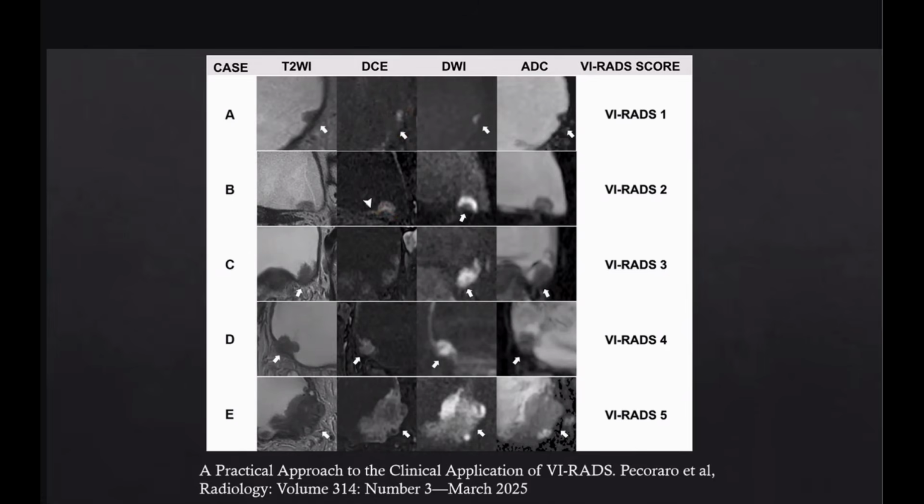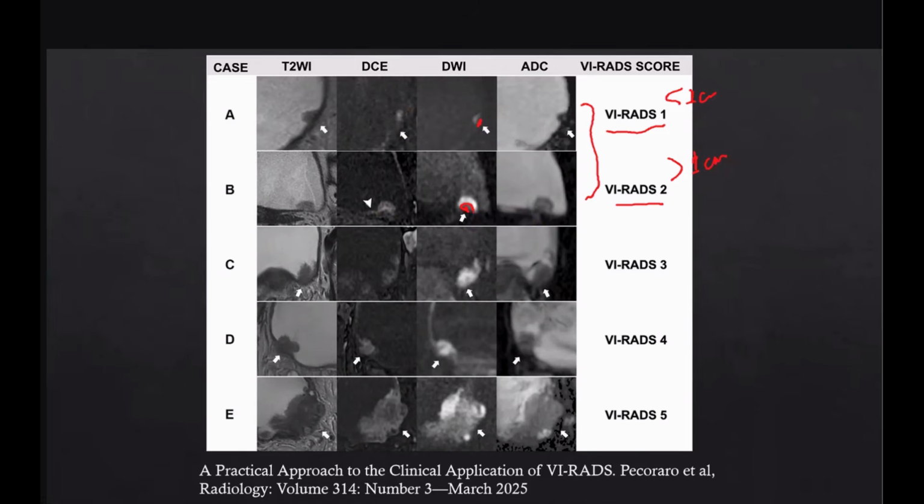In the diffusion weighted image, we have dark signal deep to the mass, dark signal core or cleft deep to the mass, not restricted diffusion. But the difference between VI-RADS 1 and 2 is the size. VI-RADS 1 less than 1 centimeter, VI-RADS 2 larger than 1 centimeter. So it's almost the same description.